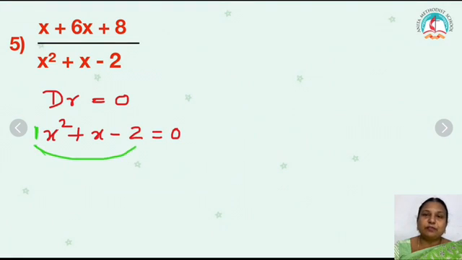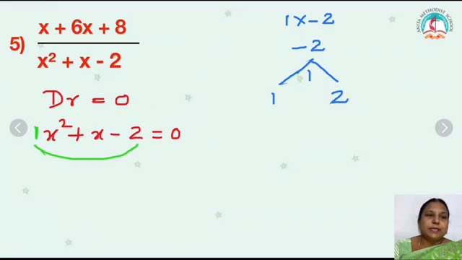How do you factorize? If it is x squared, you must think the coefficient is 1. So 1 into minus 2, what you will get? Minus 2. If you are multiplying the two numbers, you must get minus 2. If you are adding, you must get plus 1.